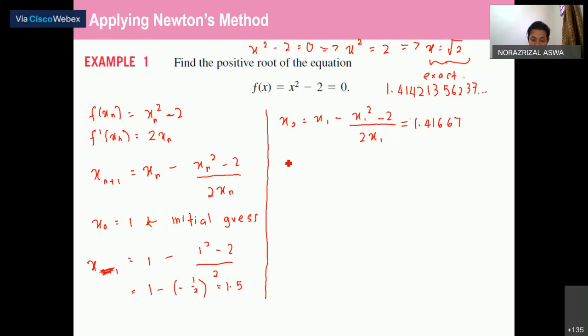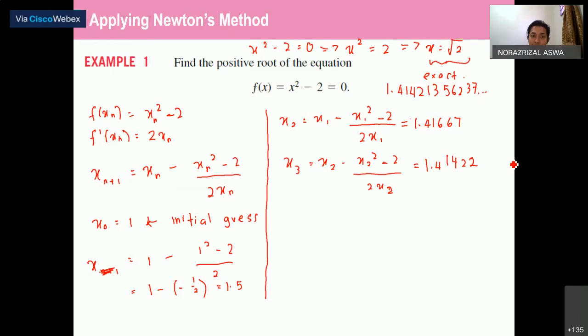How about the third one? 1.41422 and so on.